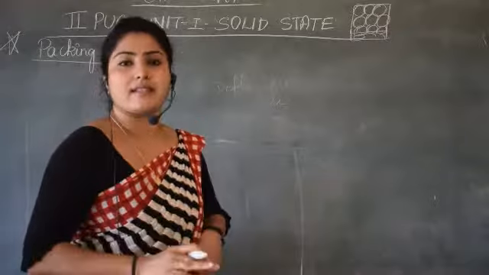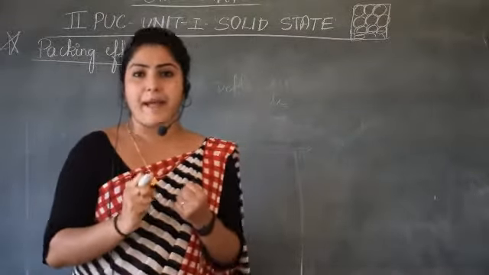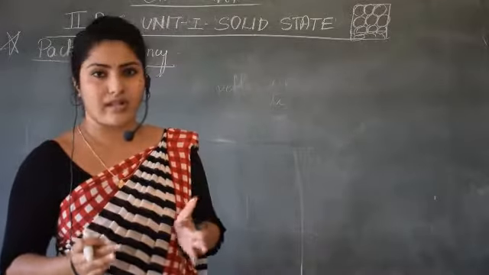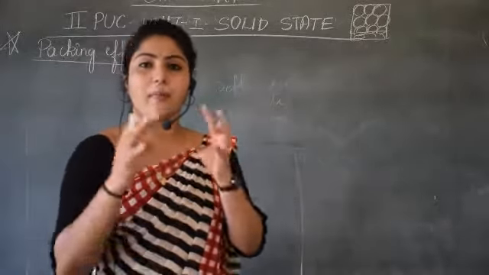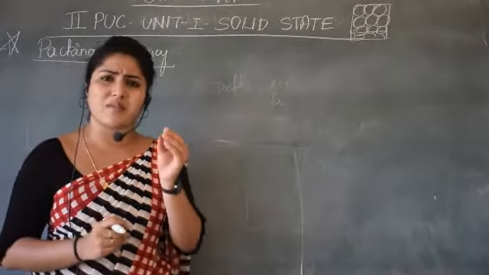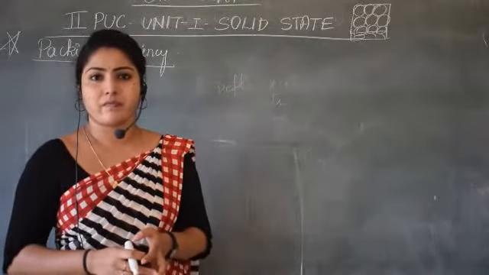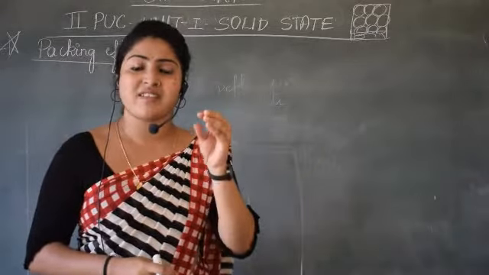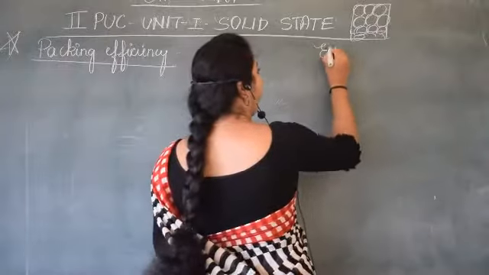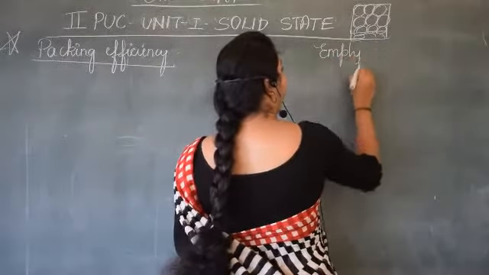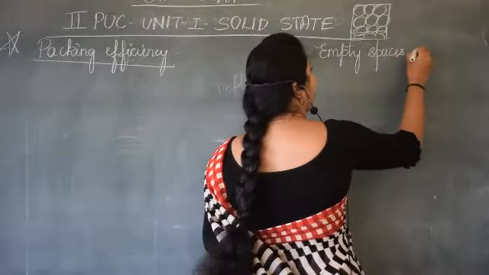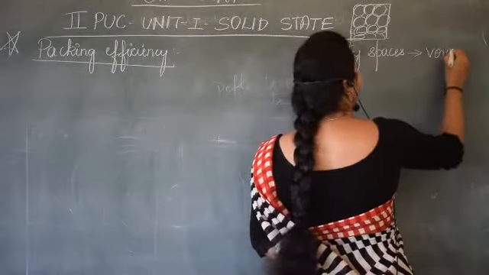Now when I say compactly packed or tightly packed, in any crystal system or any solid, during the arrangement of particles there will be some spaces left. We call those empty spaces voids.